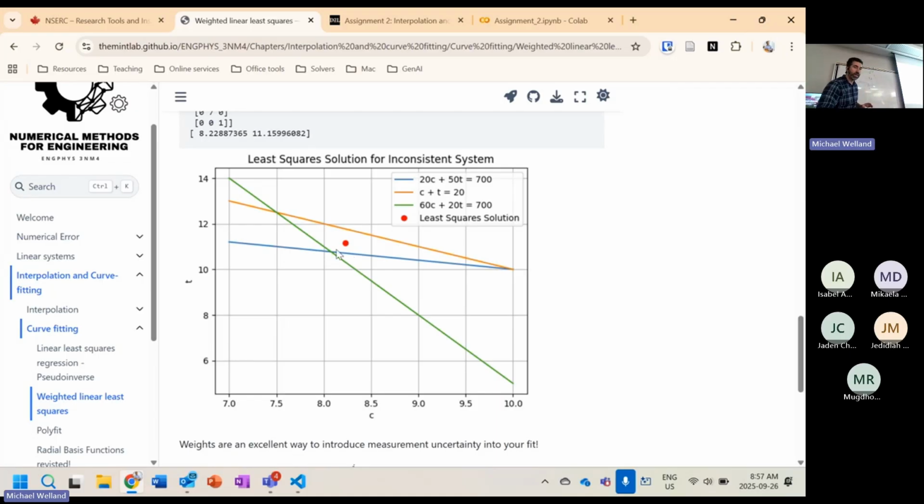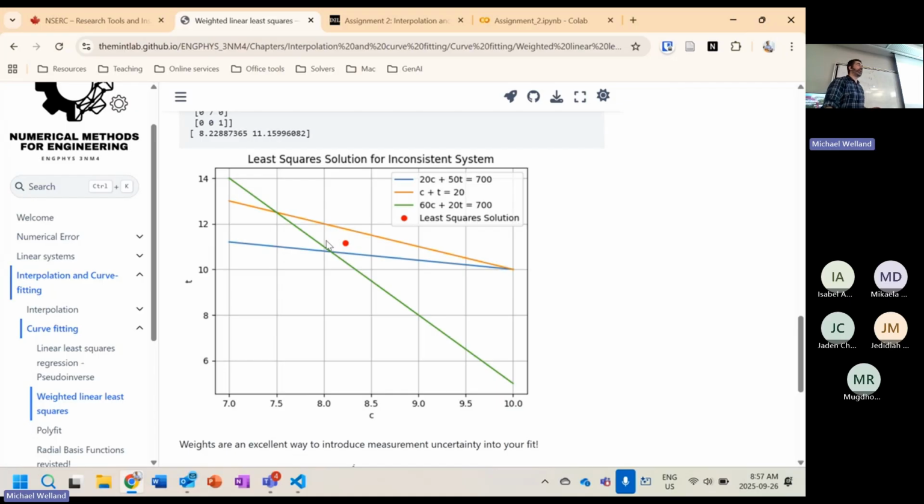The reason why it was down here and not anywhere close to the orange line is because the green and the blue were bigger equations. 20, 50, 60, 20, you can consider the norm of that vector versus 1, 1. And just by evening that playing field, you move it towards the middle.